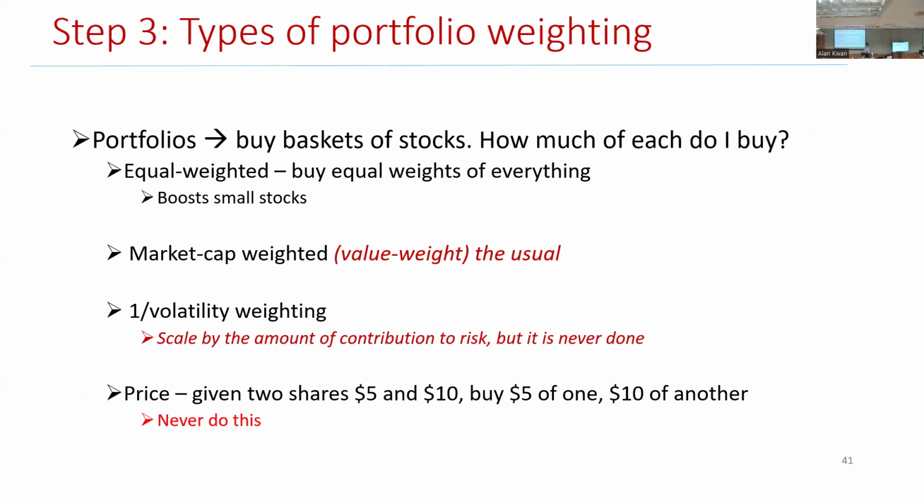1 over volatility weighting is something people sometimes call risk parity. If you have stocks and bonds, let's say 50-50, effectively the allocation is more stocks than bonds because stocks are a lot more volatile. Inverse volatility weighting is the idea that everything has equal volatility, so stocks and bonds have equal contributions.